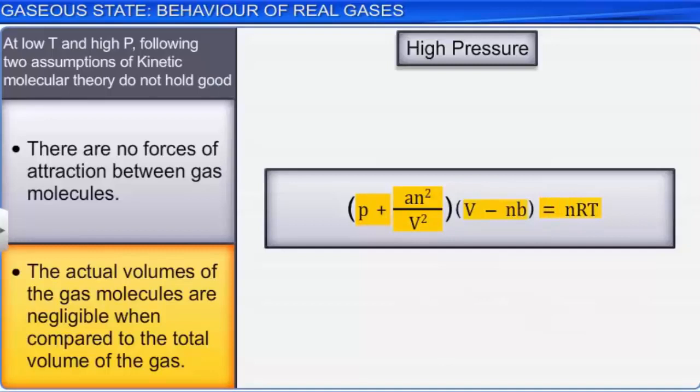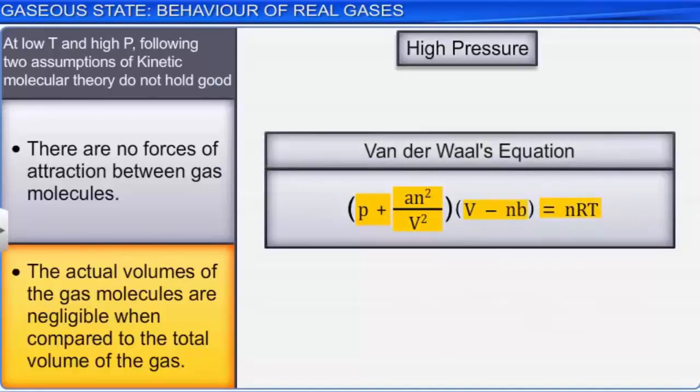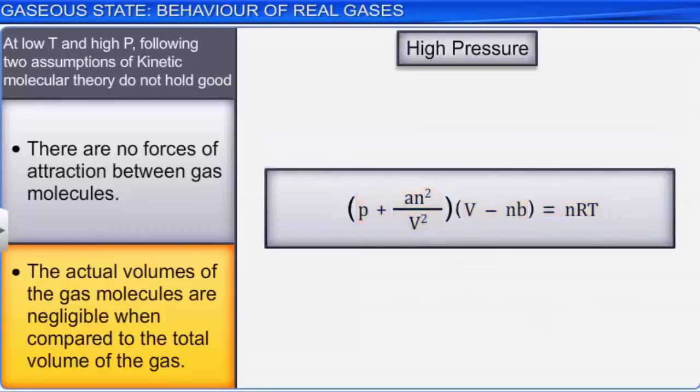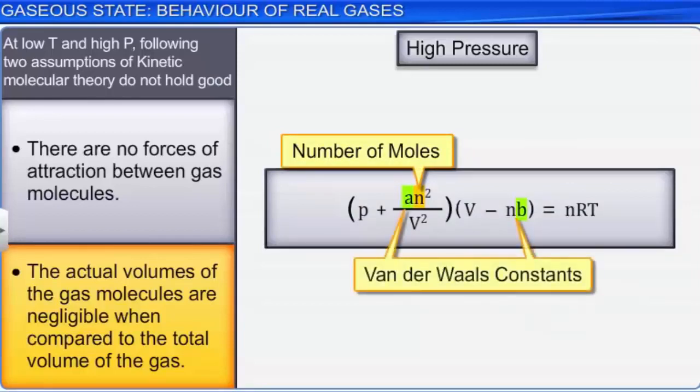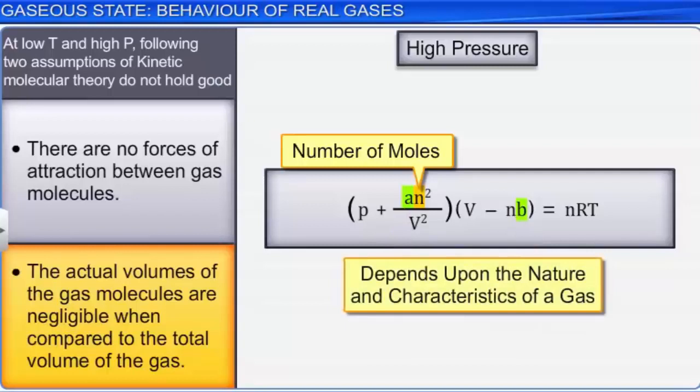Here, n indicates the number of moles and the constants a and b are called Van der Waals constants. The values of a and b depend upon the nature and characteristics of a gas. The value of a is independent of temperature and pressure.